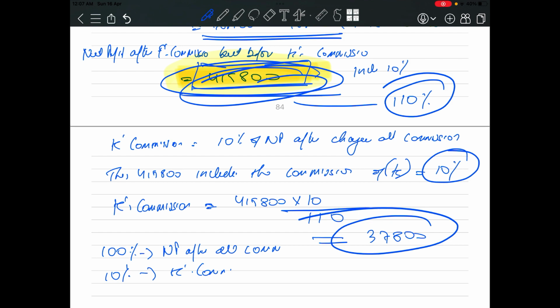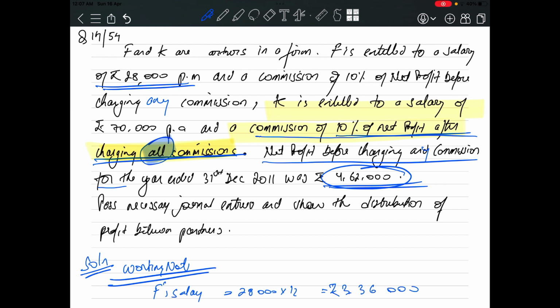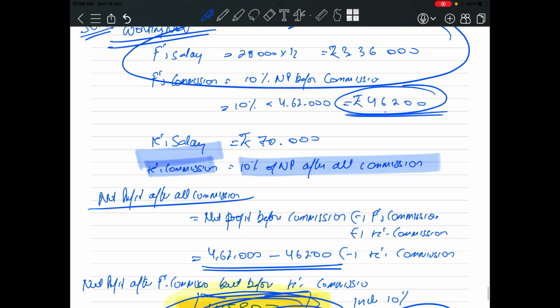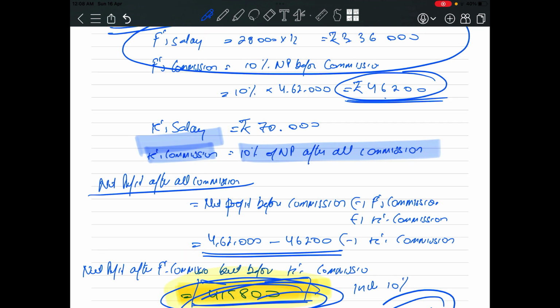Simple, easy. You have to solve this question two or three times, then only will you understand. Don't try to learn it by heart. Just remember that we are given the net profit before charging commission, and F's commission was 10% of net profit before charging any commission, so it was very easy to find. But now the challenge is to calculate K's commission, which is 10% of net profit after all commission.